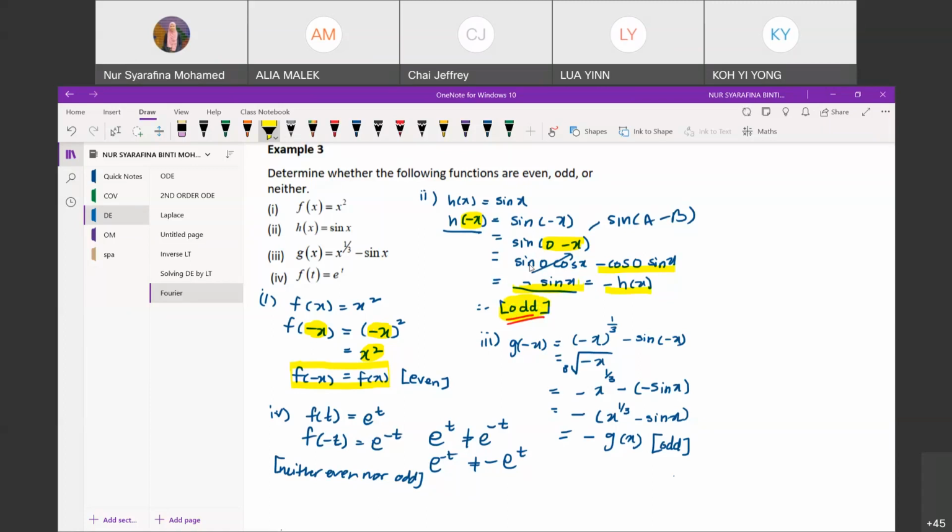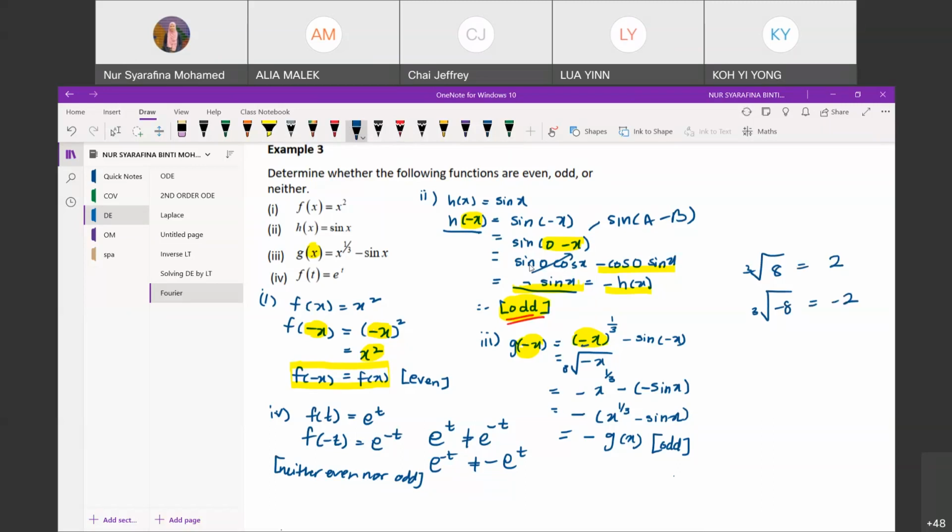Then the third one, we have g(x) equals the cube root of x minus sine x. We substitute negative x, meaning negative x to the power of 1 over 3, minus sine of negative x. Negative x to the power of 1 over 3 stays negative, because the cube root of 8 is 2, and the cube root of negative 8 is negative 2.